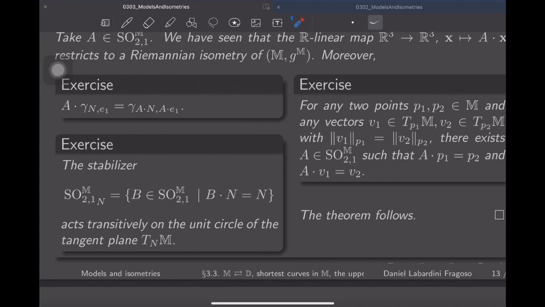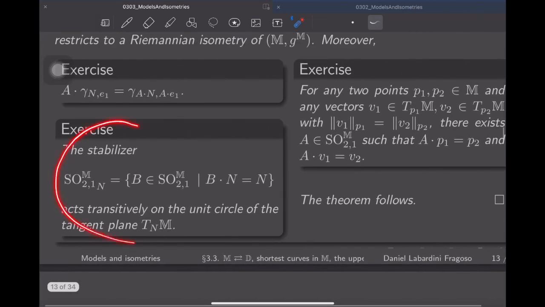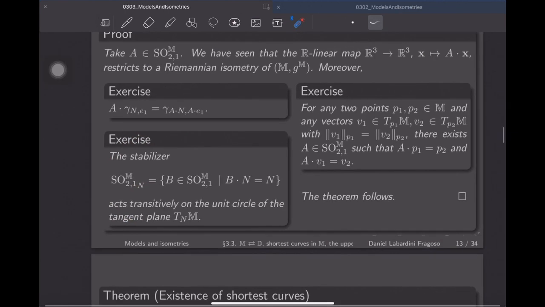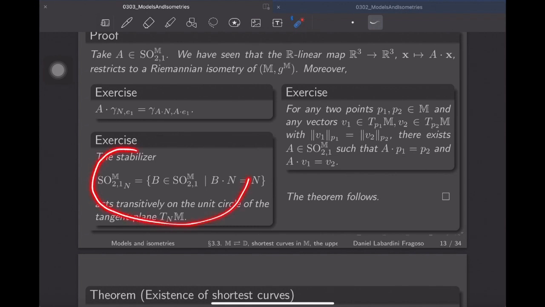Right. Second, the stabilizer at the north pole acts transitively on the unit circle, and actually I would say this stabilizer is isomorphic to the unit circle, right?